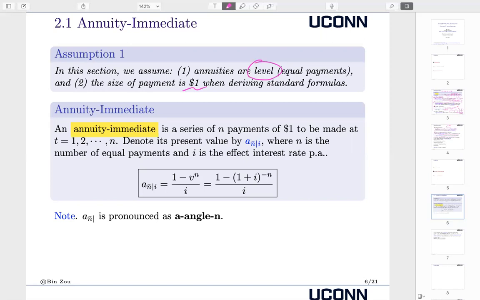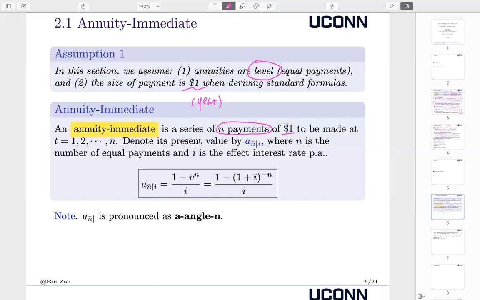So again, here we consider annuity-immediate. It's a series of n payments with equal payments of 1, and all of them will be made at the end of each year. I should mention that when I say year, it does not need to be the physical year.